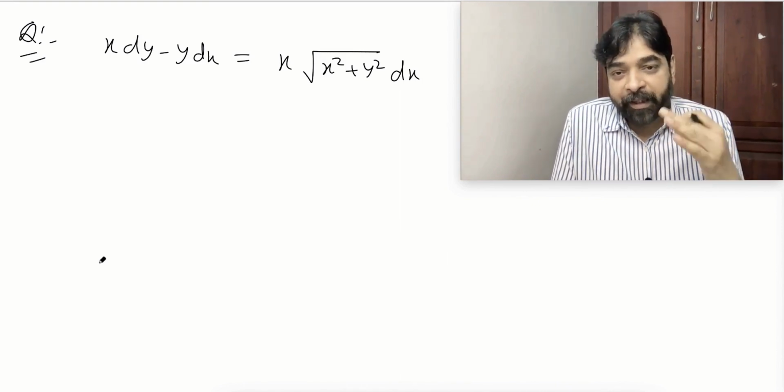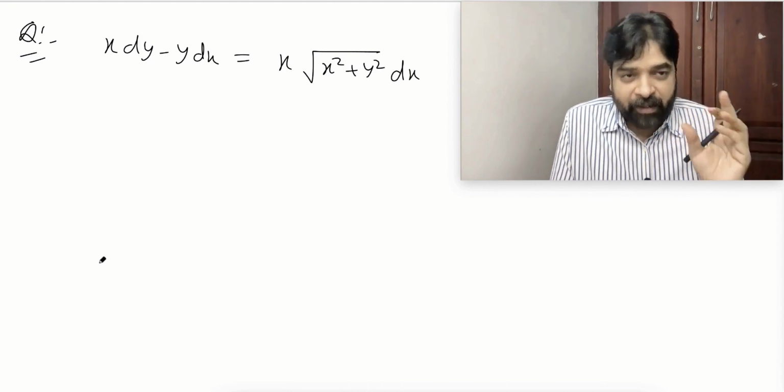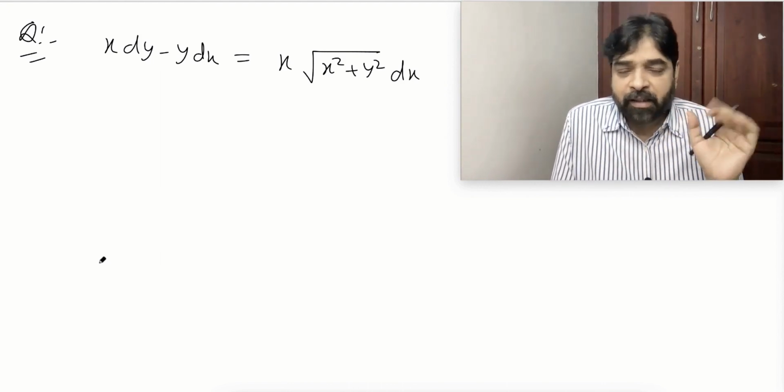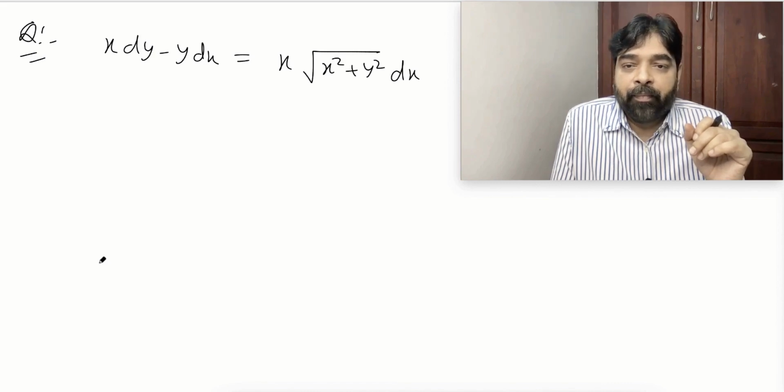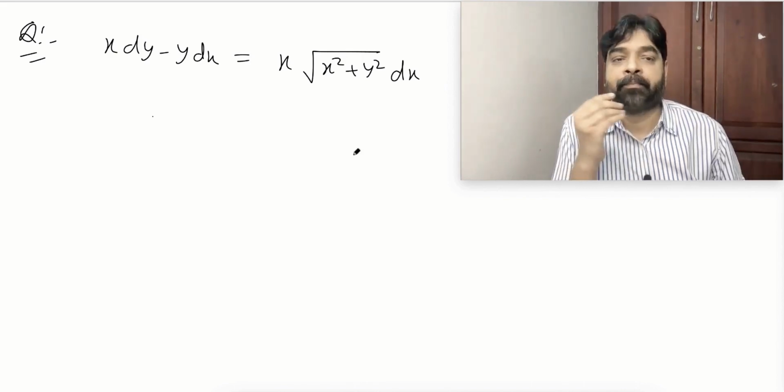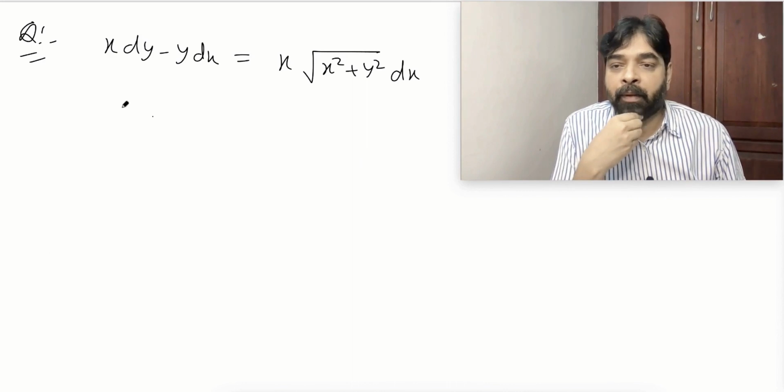So it's not necessarily d of x square plus y square. X square plus y square is involved, so there is a chance. Okay, check it here.